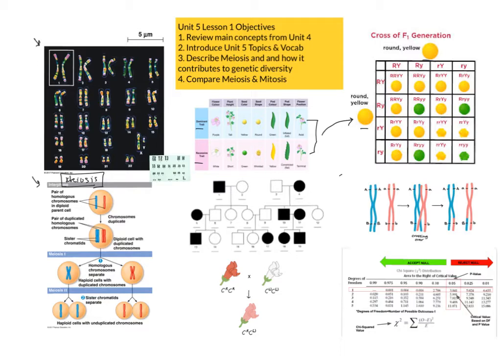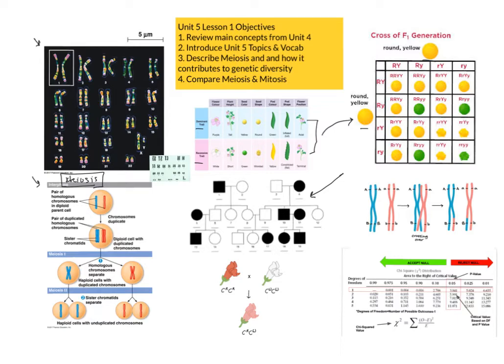We're also going to learn about a tool called a pedigree that's going to help us to make predictions as to whether or not a trait is dominant or recessive, and actually which chromosome it's most likely located on.